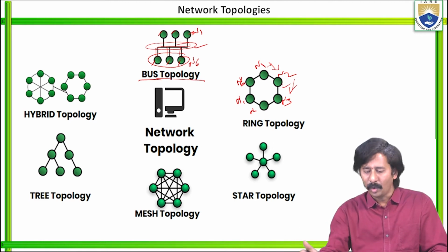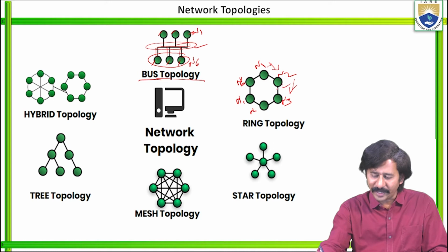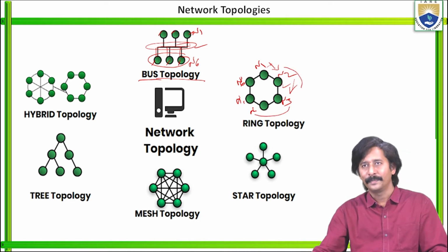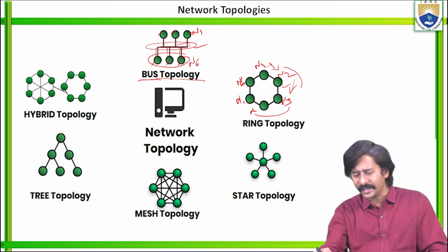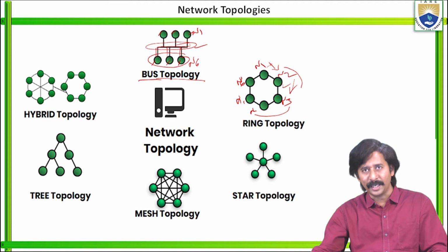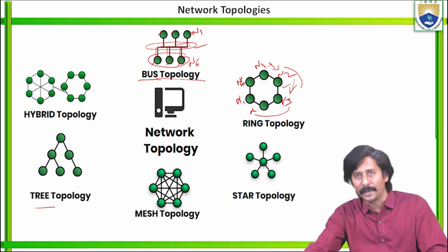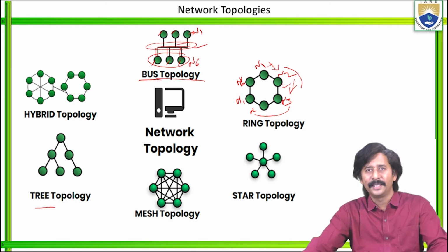Node 3 transmits the data either via node 2 or via node 4. That is the ring topology. There are some applications which use this ring topology. Then next one, tree topology. We know a tree always has a parent-child relationship.